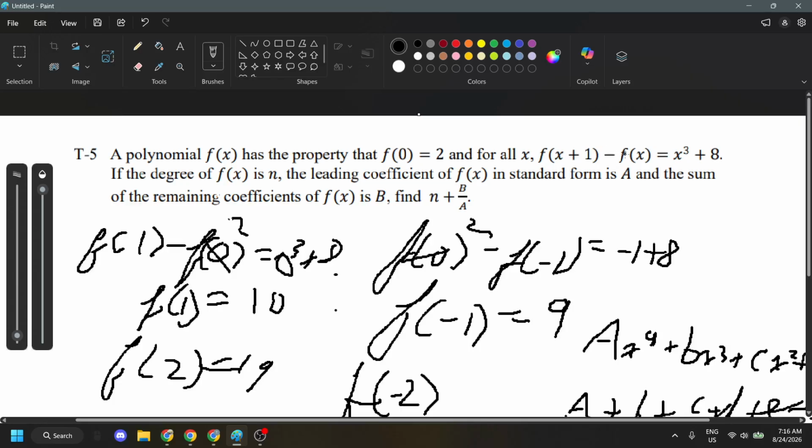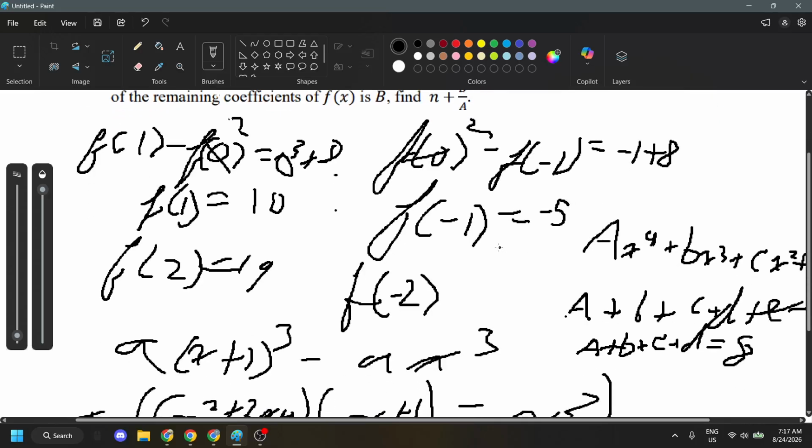So 2 minus f of negative 1 is equal to 7. Subtract 2, I think it's negative 5.